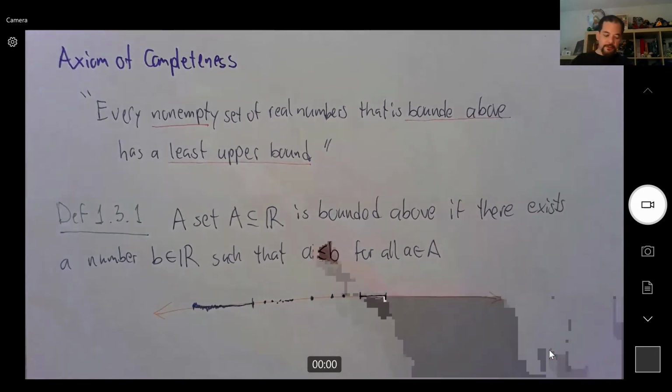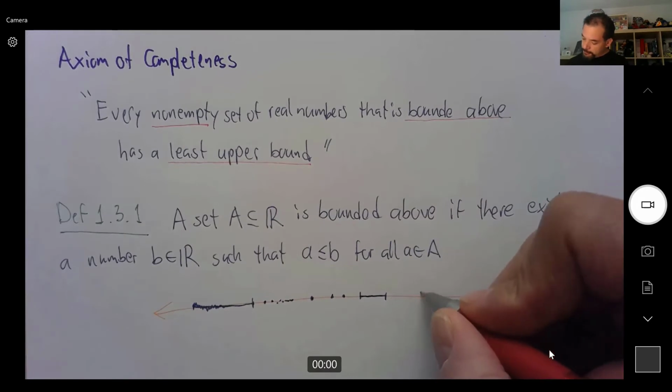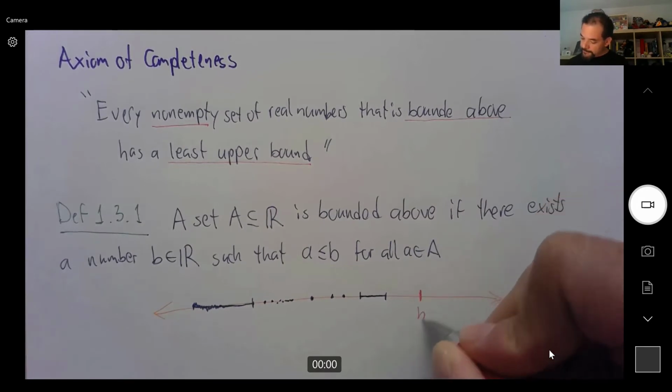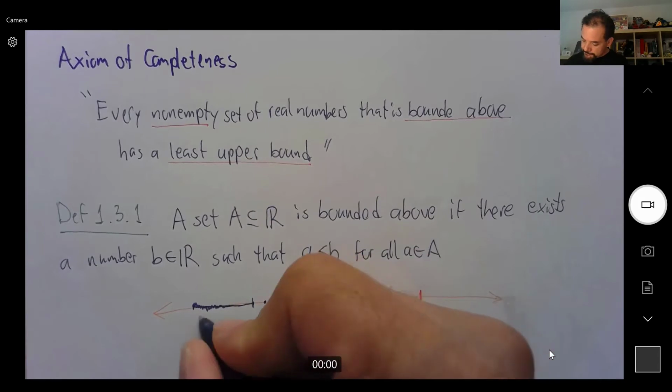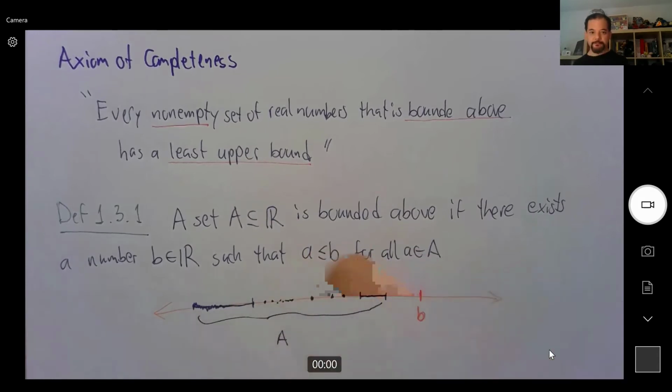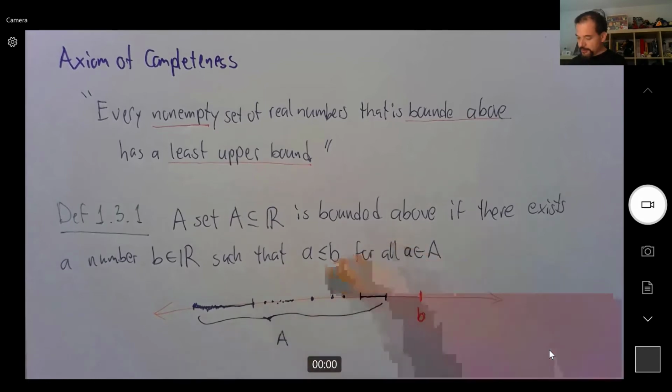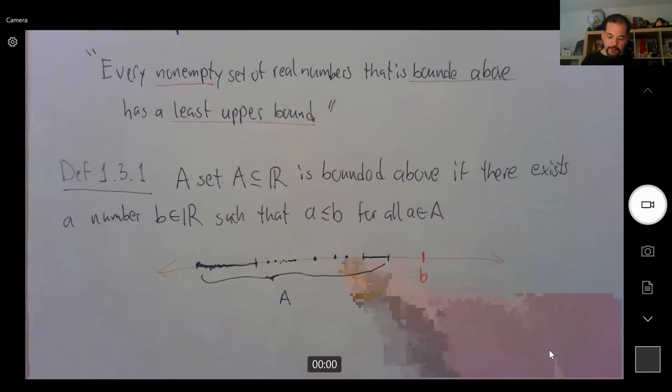So how do I know this set is upper bounded? Well, because I can find a number over here, B, and this number B is to the right of everything in A. Okay, this is A. Good. So that's the first definition.